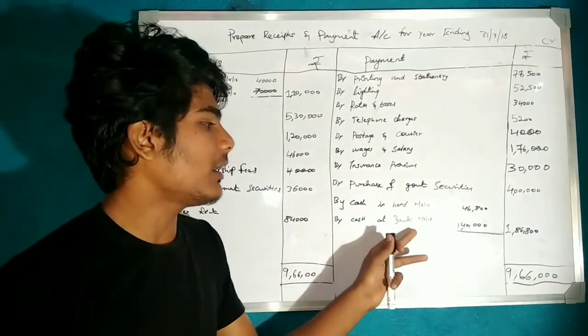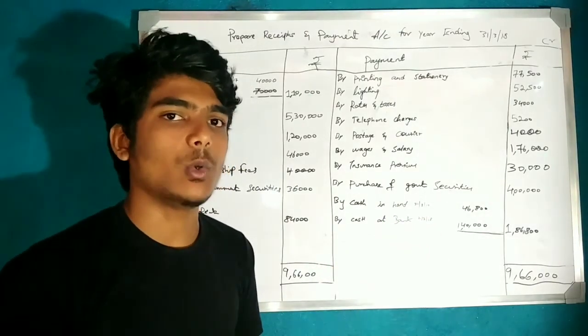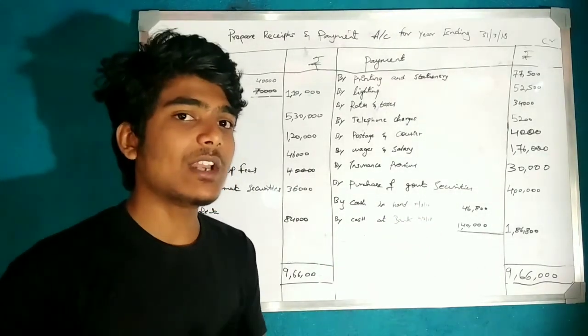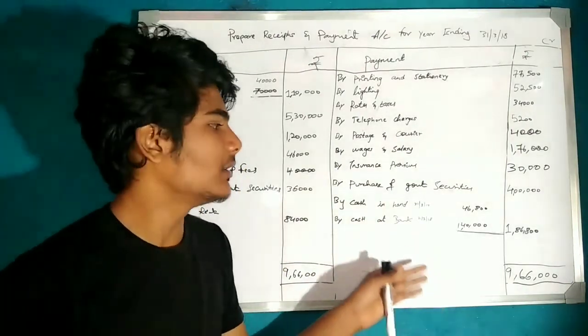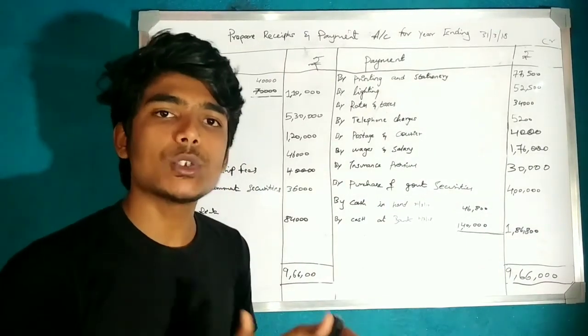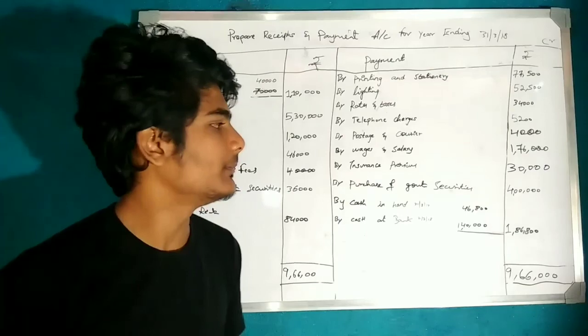By cash at bank as on 31st March 2018. It's a closing amount because the financial year ends on 31st March, right? So it's a closing balance. Every time make sure that the closing balance should appear on the credit side of the receipts and payments account.